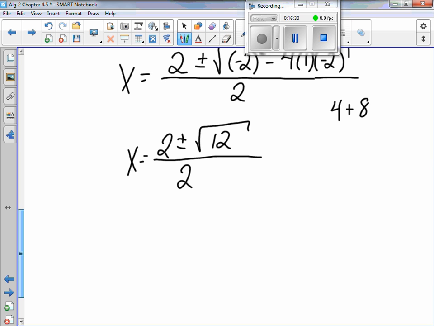Yeah, negative 2. Now, if we simplify the radical, the square root of 12 is 4 times 3, so we'd end up getting 2 square root of 3 over 2.